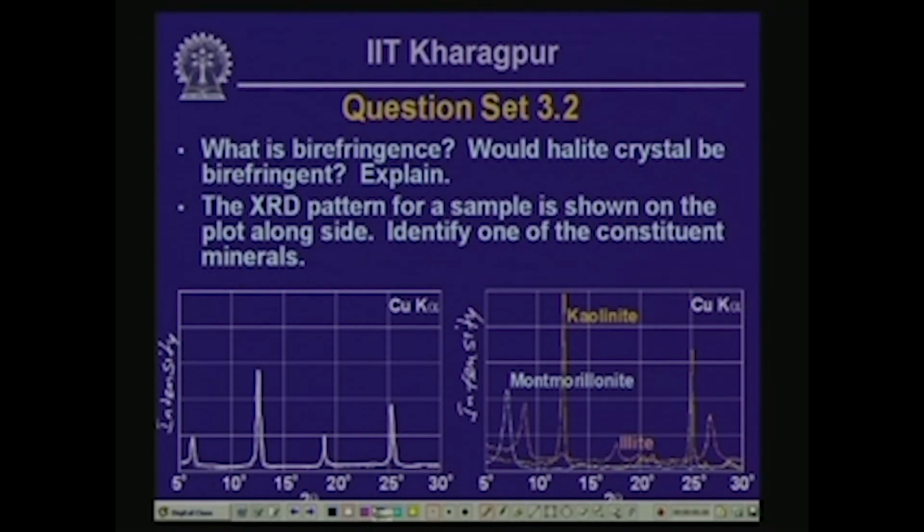Let me highlight the pattern that you would expect for a montmorillonite crystal, and not for the montmorillonite, actually kaolinite crystal, sorry. So, this is the signature of a typical kaolinite crystal.